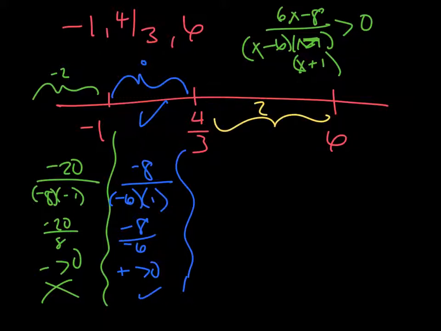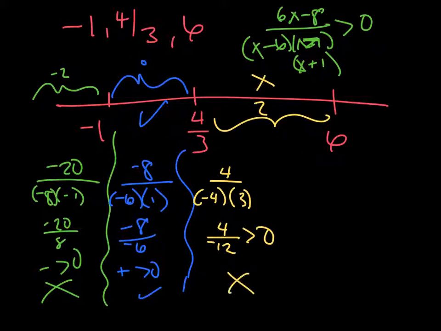If I plug in 2, 12 minus 8 is 4. 2 minus 6 is -4. All I'm doing, in case you're wondering, is taking this 2 and plugging it in here, in here, and in here, and checking to see what I'm getting. Same thing over here. Plug in 0 in here and you get -8. Plug in 0 here, 0 here. If I plug in 2, 2 plus 1 gives me 3. So that's 4 over -12. That's a negative number. A negative number is not greater than 0. So I'm not going to include this area.